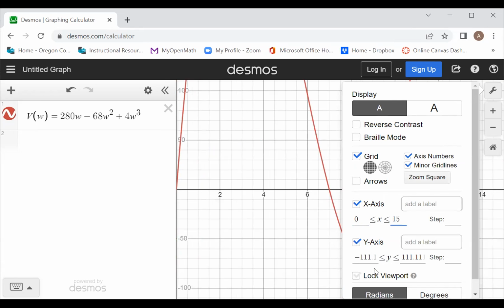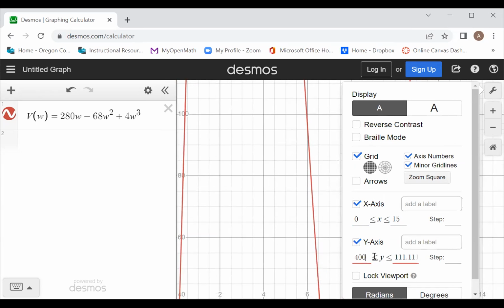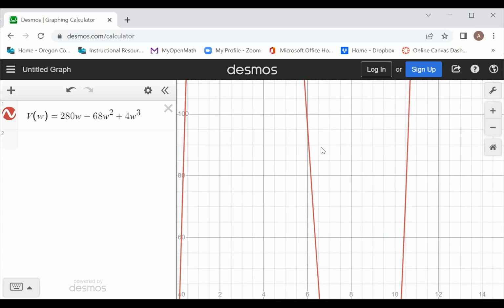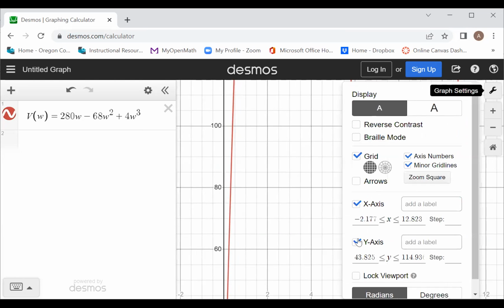I still don't see the top of the y values, so let me change that. Let's start with 250. Still not big enough. Okay, let's go to 400. Sorry, it didn't do 400.